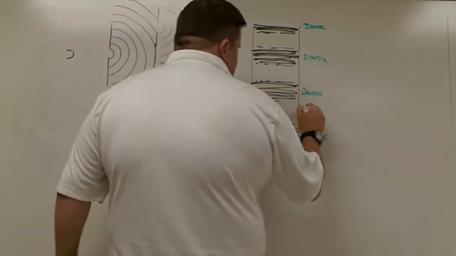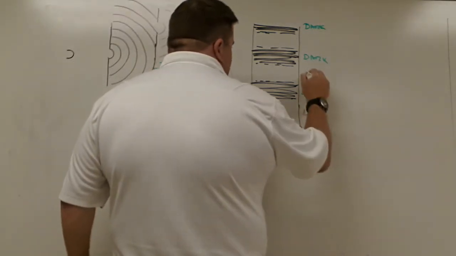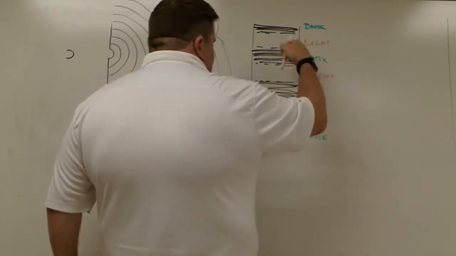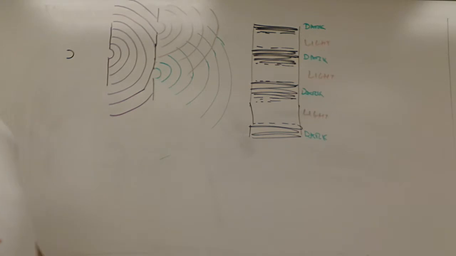So instead of getting one big light pattern, what we ended up getting was a staggering of these light forms. And what this meant is that we were having constructive and destructive interference.